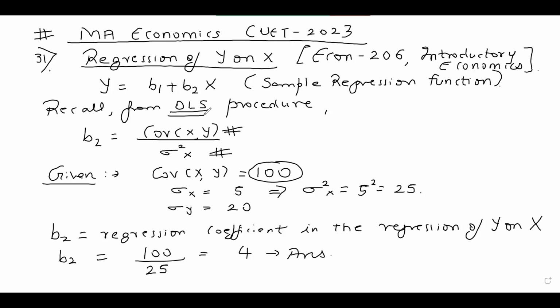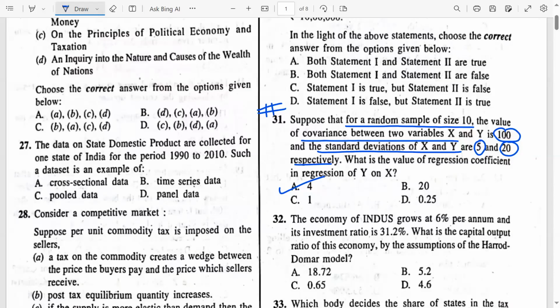You will find this in my introductory econometrics course, so you can go through the lectures in that. This is the formula which you will find in the OLS procedure. So just apply this formula, you get the value of B2, which is nothing but your regression coefficient in the regression of Y on X. So if I come back to the question paper, we can mark the correct answer is 4.